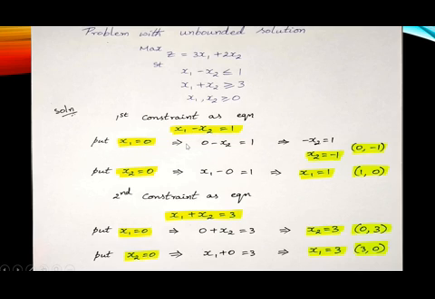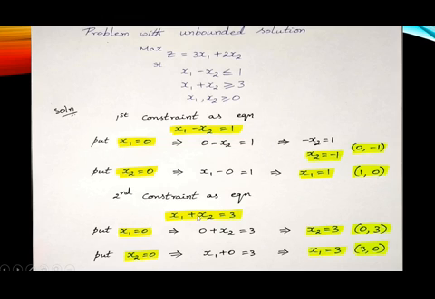Put x1 equal to 0, I get minus x2 equals 1, which makes x2 equal to minus 1, so the point is 0 comma minus 1. Put x2 equal to 0, I get x1 equal to 1, so the point is 1 comma 0.